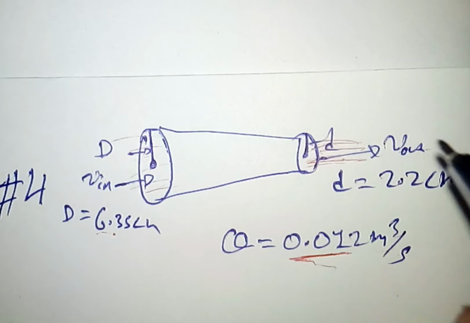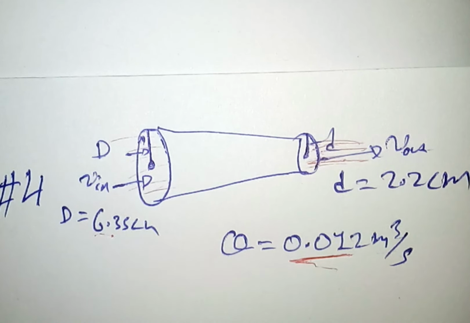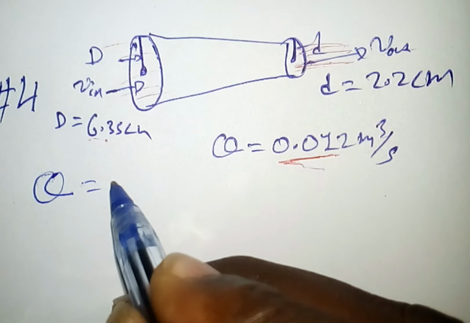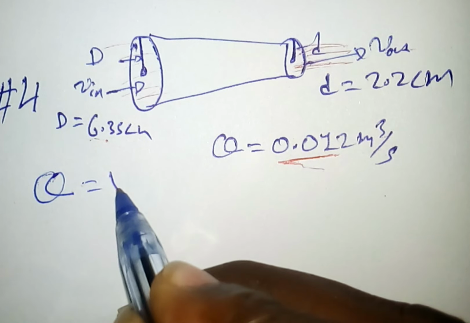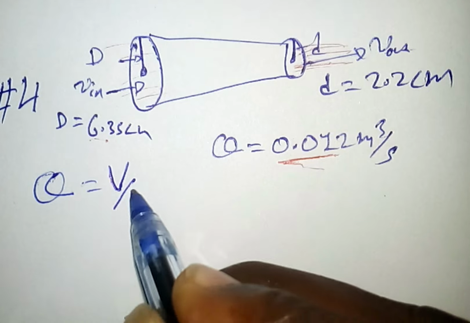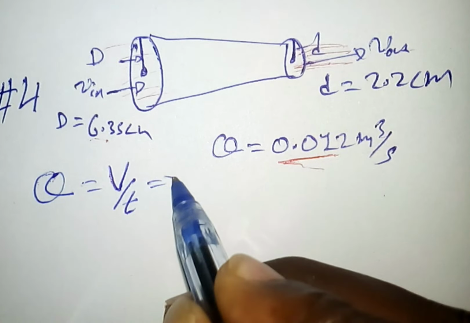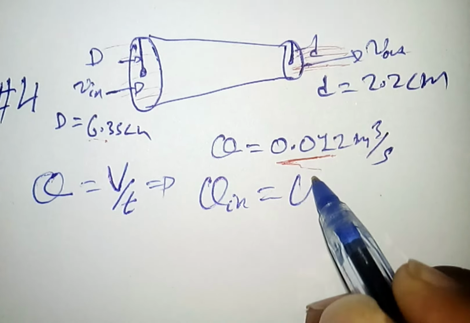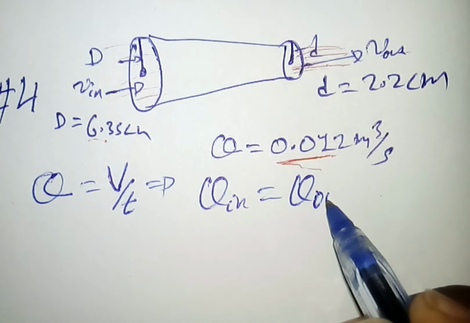So from the volume flow rate equation, from fluid dynamics, we know that the volume flow rate Q is the volume of the fluid flowing per unit time, and the flow rate in is always equal to the flow rate out.